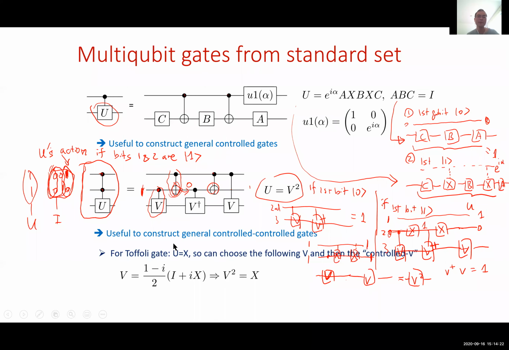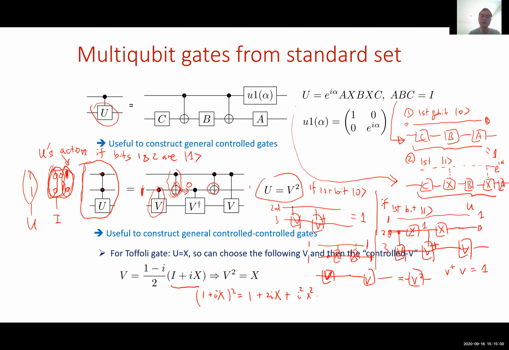Okay. So as I said, this can be used to implement the Toffoli gate. And we just need to find what square root of the X gate is. And you can verify yourself that this V here, 1 plus iX, is the square root of X. It's easy to show: (1 plus iX) squared is 1 plus 2iX plus i squared X squared.